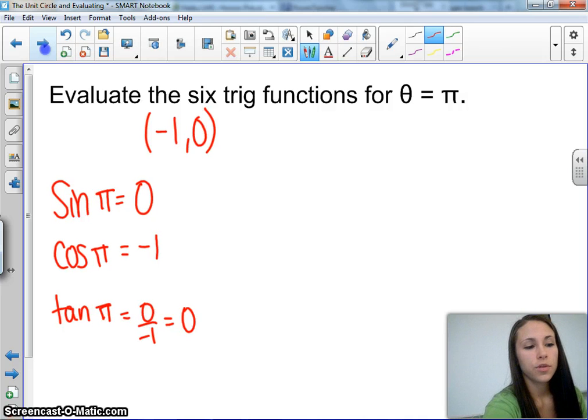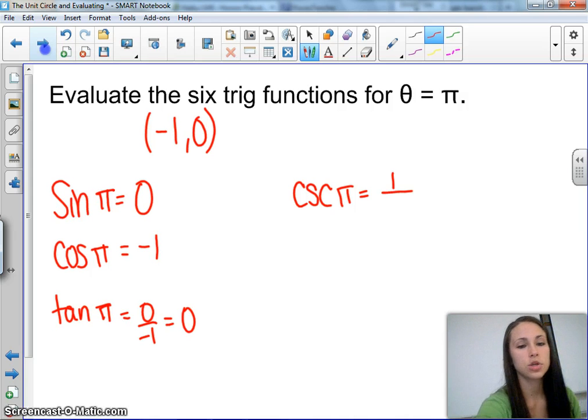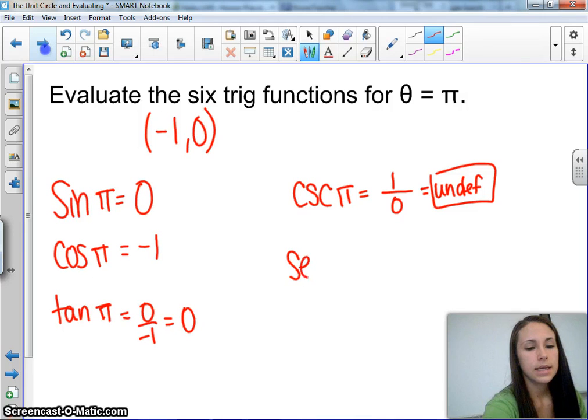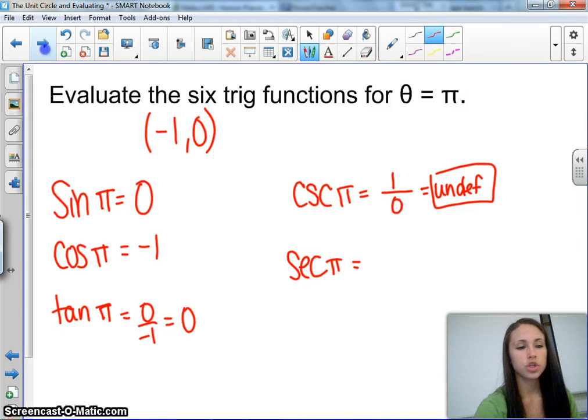Alright, for the other 3, the cosecant at pi is just going to be 1 over the y. So 1 over the y would be 1 over 0. And if we have 0 in the denominator, that's going to be undefined. So I'm just going to abbreviate and say that's undefined. The secant at pi is just going to be 1 over the x.